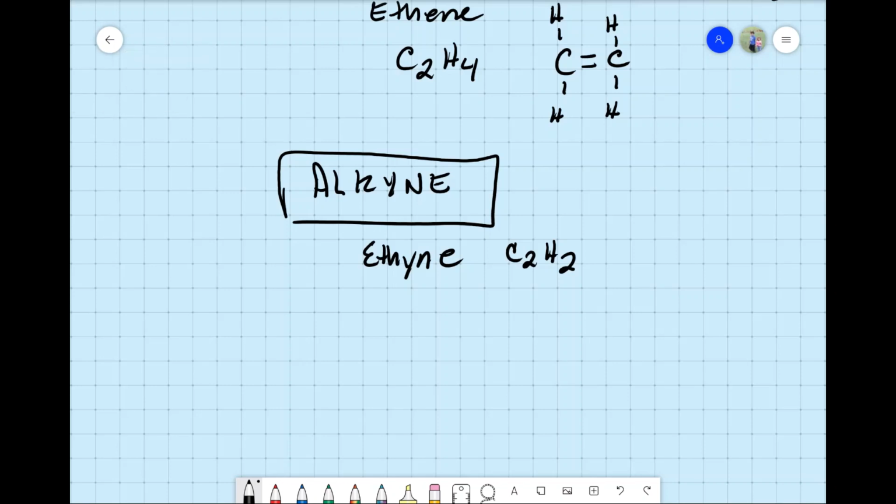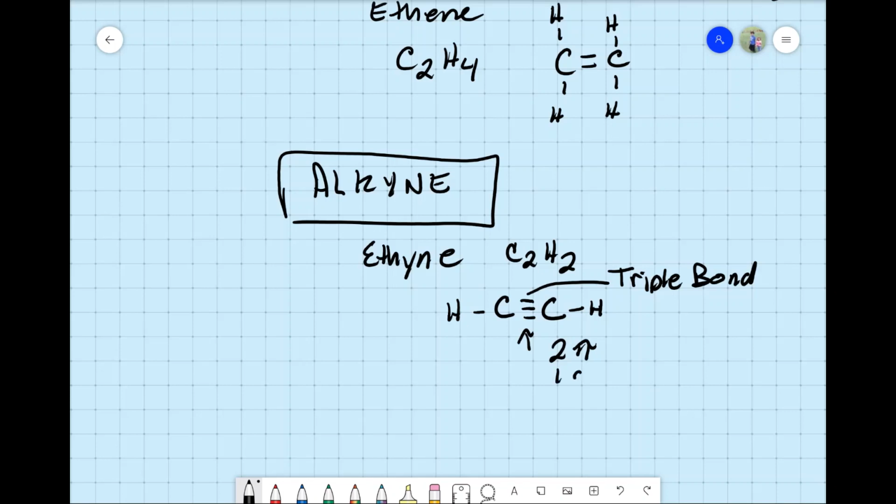And so that tells us something interesting. And so the bond between the two carbons ends up being a triple bond. So you have two pi bonds and one sigma bond.